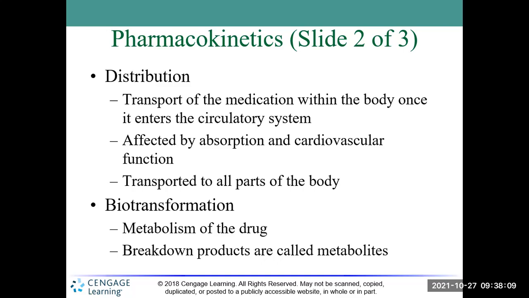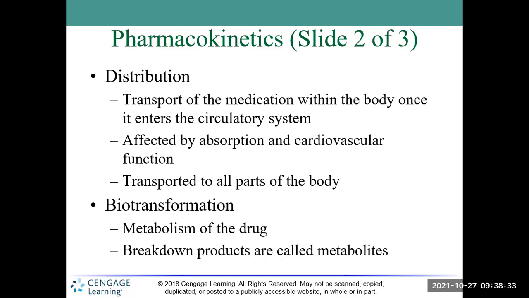Then the biotransformation. So this is the metabolism of the drug, meaning basically the breakdown of it. And so when a drug is broken down and metabolized, it creates these byproducts called metabolites. And so a lot of times when we're testing for, let's say, a drug screening, we're not testing for the medication, we're testing for the metabolites.